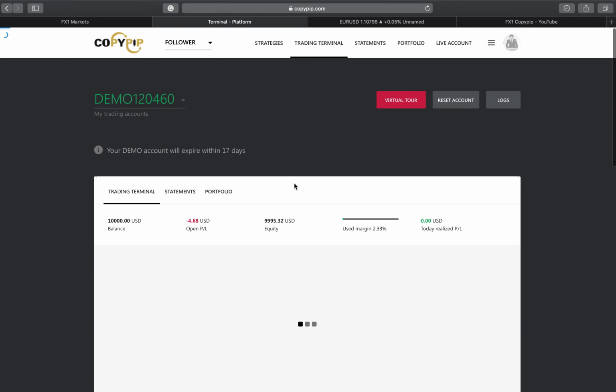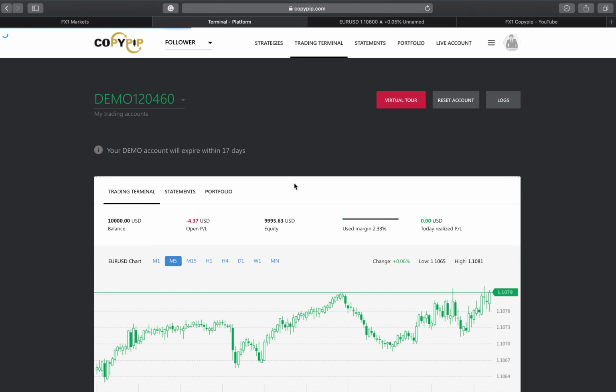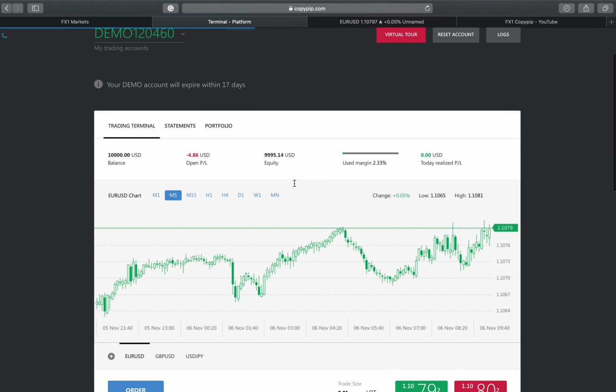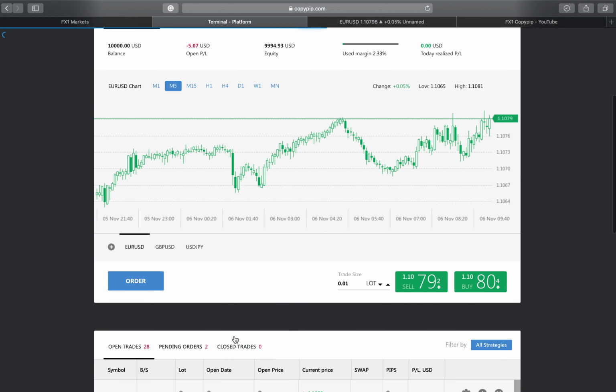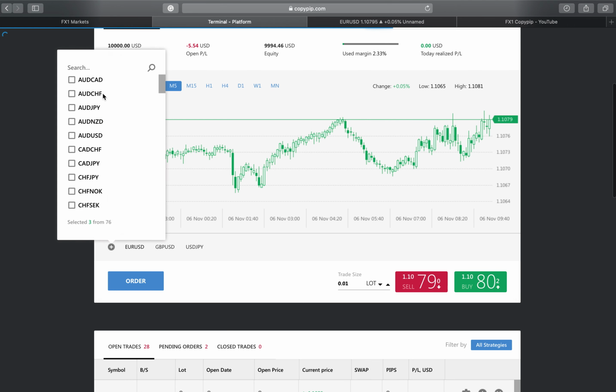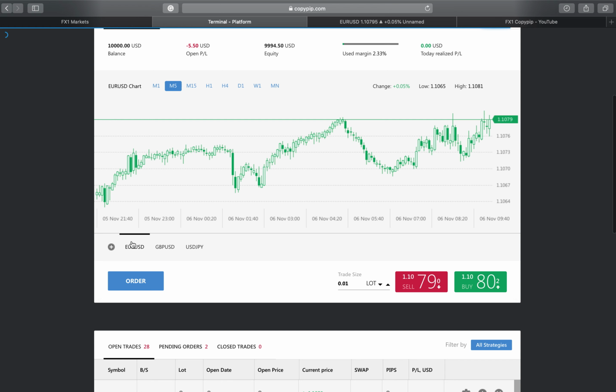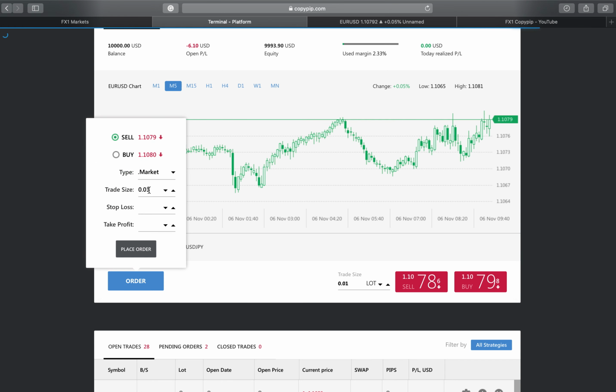Trading terminal basically is a place where you can do your own trades as well. I want to, let's say, go for Euro USD. I have it here. I want to open an order 0.01, and I want to go for sell, not buy.